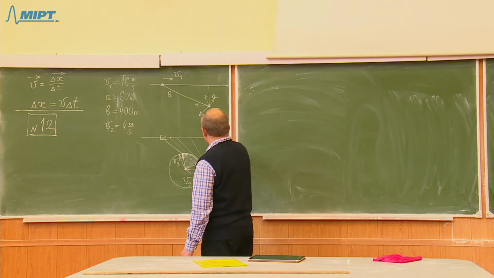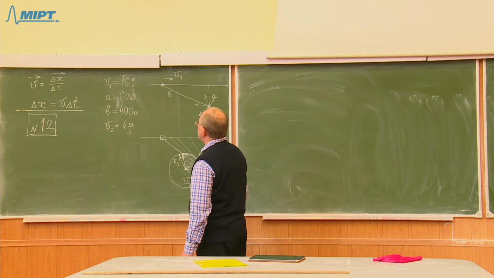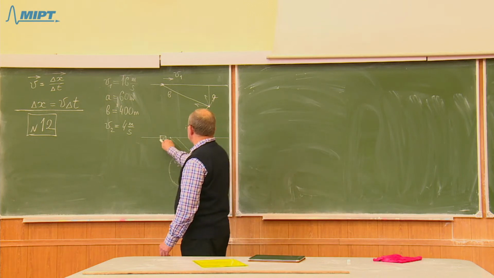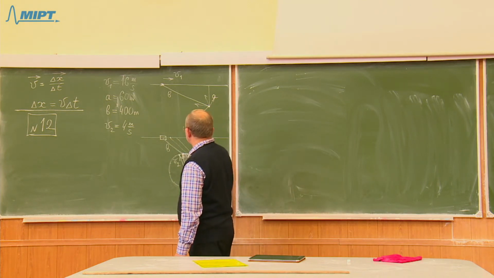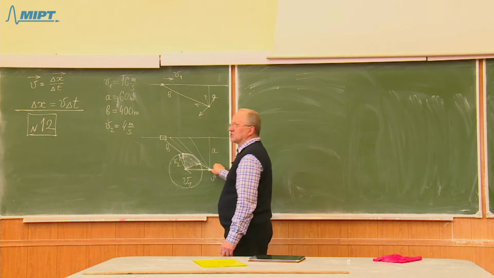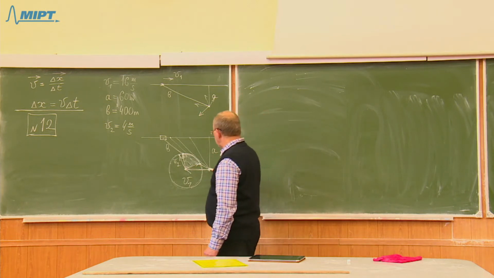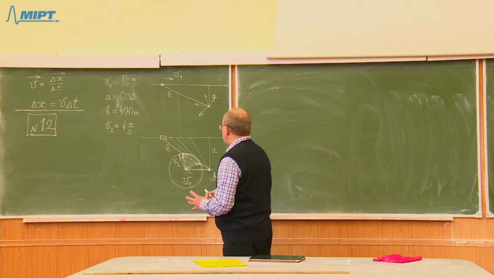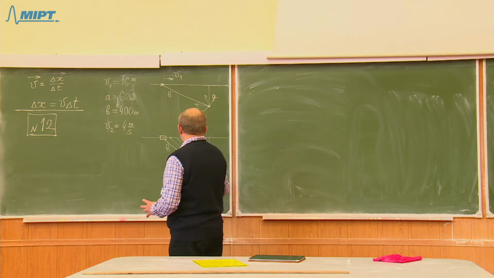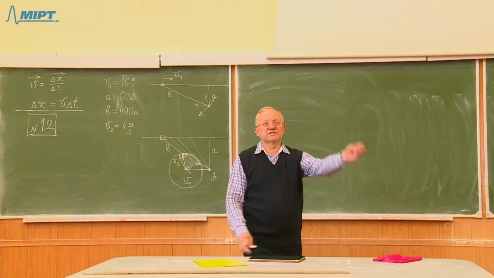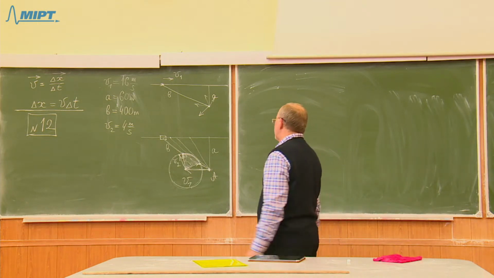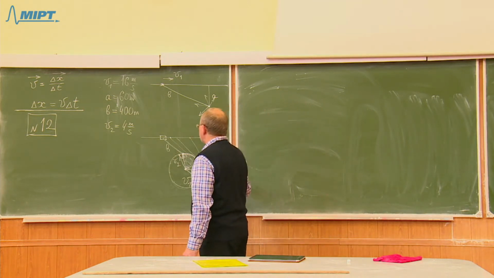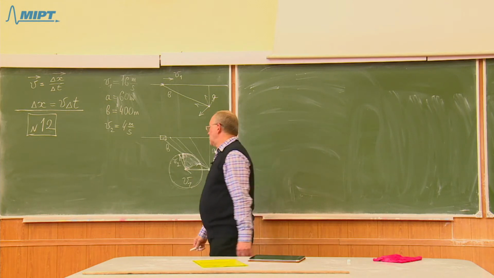So if we know everything here, distance A, which is given, distance B, also given, from the man to the bus at the very initial moment, and we know velocity v1 and velocity v2, we can draw this picture according to the magnitude of these vectors. And then we can solve this problem geometrically.